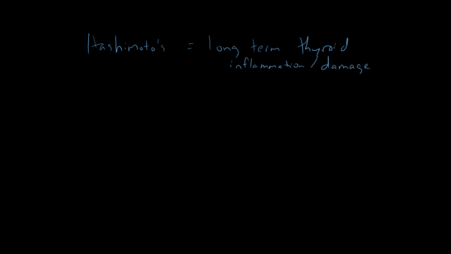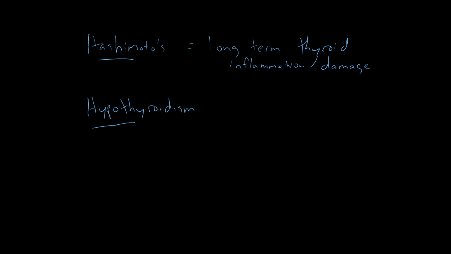Just to get a few definitions out of the way, when Hashimoto's causes the thyroid to be underactive, then that's called hypo, meaning underactive, thyroidism, hypothyroidism. Not everyone who has Hashimoto's gets hypothyroidism.